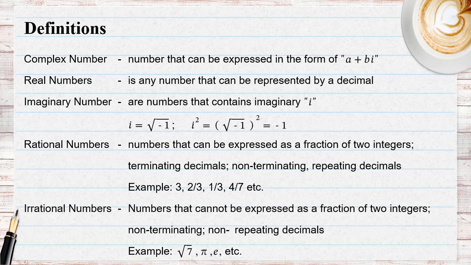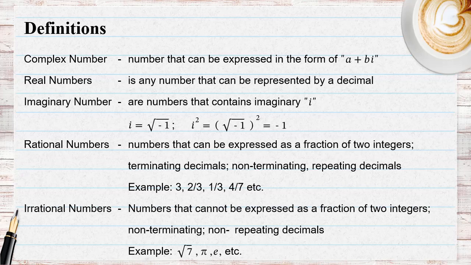Rational numbers: numbers that can be expressed as a fraction of two integers, or terminating decimals, or non-terminating repeating decimals.